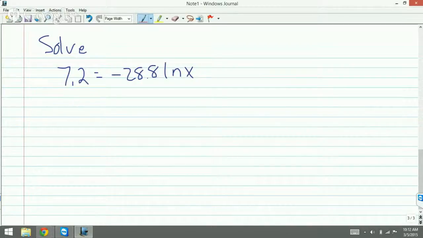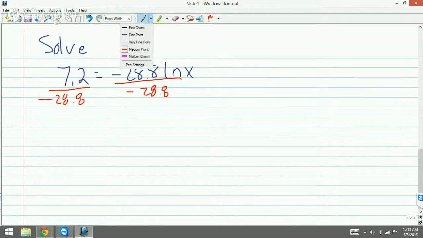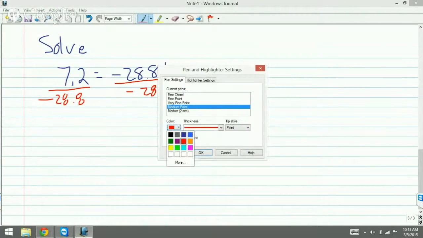Multiply by... Not yet. Let's start here. Okay, start there. Now we want to isolate it first.